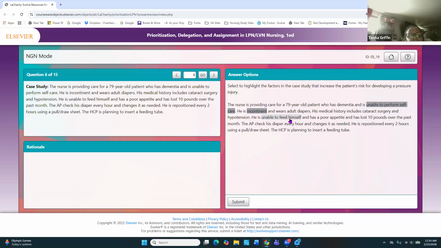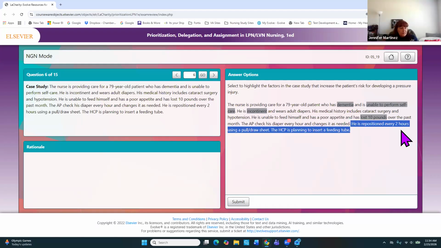Unable to do that. We're going to get pressure injury or appetite. He lost 10 pounds. Okay. He has dementia. You might be able to click repositioned. No, it won't let me click on that one.